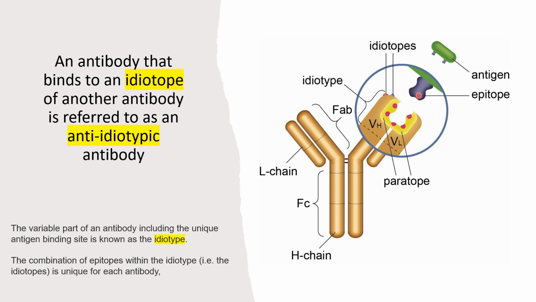That part of the antigen which is actually seen by the variable domain is called the epitope. The part of the variable domain which sees the epitope is called the paratope. So you have paratope and epitope.